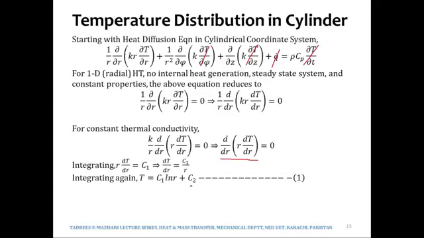So again we are having the same situation as we had in the case of plane wall. You can see that there are two unknowns C1 and C2, and we have to find out those two unknowns, for which we need two boundary conditions, just like we required two boundary conditions in the case of plane wall. And if you recall, what were those boundary conditions in the case of plane wall?